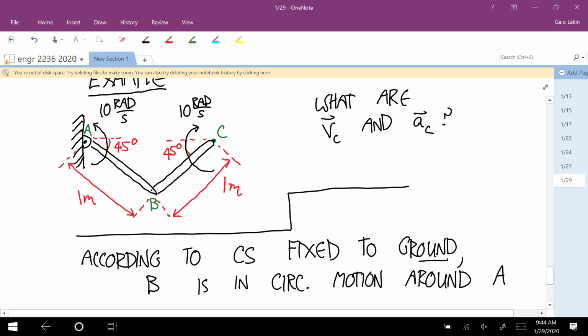Exactly. So it's just going to be the vector from the point A to the point B. This is the center of the circular motion. This point is in a circle around A. So it's going to be 0.7071, negative 0.7071, 0.